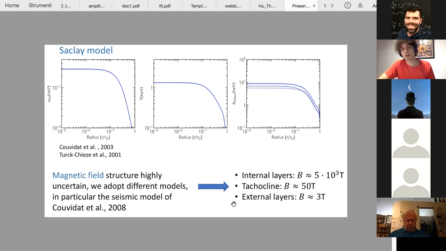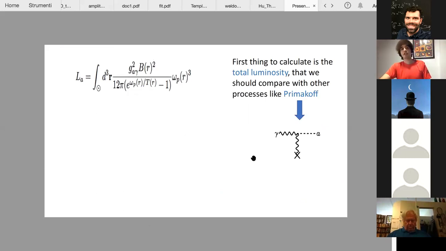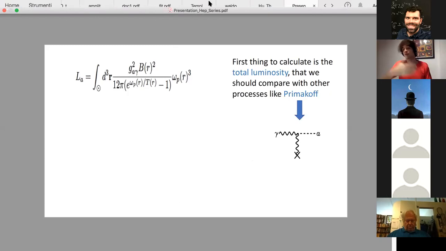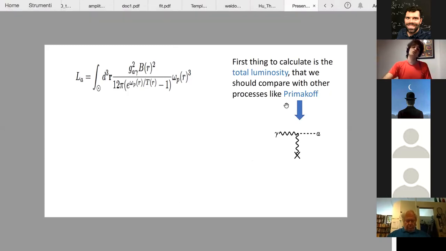And we did the calculation, and as the first thing, we calculate the total luminosity, right? As I told you, you integrate the formula that I showed you before over all the volume. And of course, you have to compare with other processes that will compete, right? So the first process that you should compare with is Primakoff, which is this diagram here.